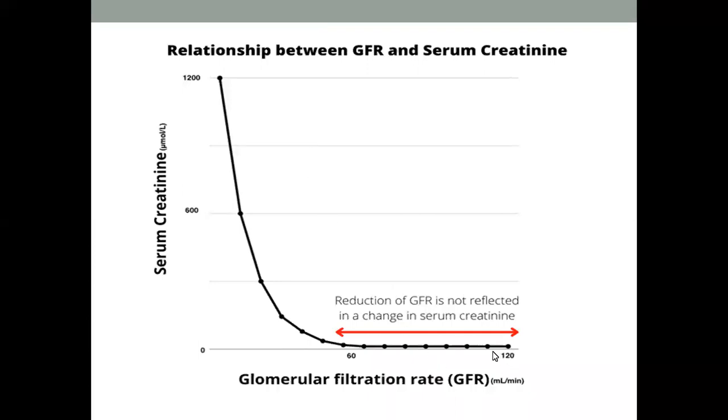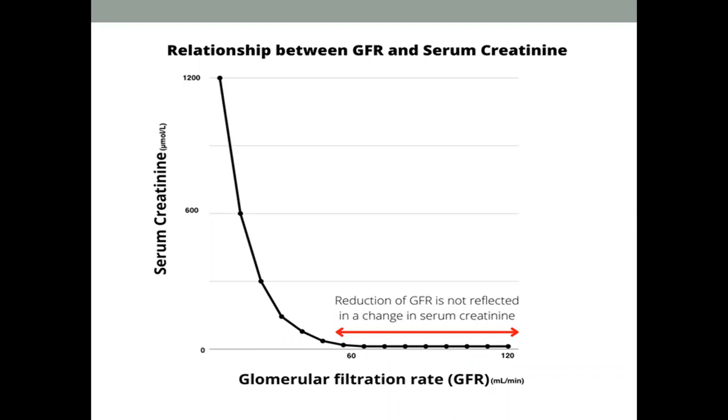So when GFR goes down from 120 to as low as 50, there's little or no change in serum creatinine. So you can imagine that there's a reduction in kidney function, but serum creatinine begins to rise only after the GFR has reduced to about 50.